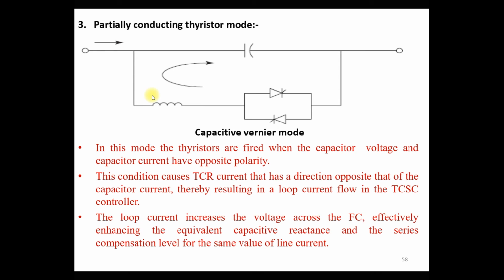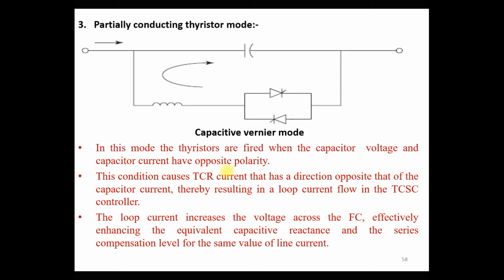The next mode of TCSC is the partially conducting thyristor mode. In this partially conducting thyristor mode there are two modes of operation. One is the capacitive vernier mode and another is the inductive vernier mode. In the capacitive vernier mode the thyristors are fired when the capacitor voltage and capacitor current have opposite polarity.